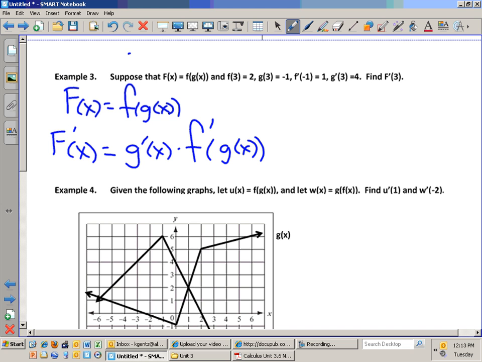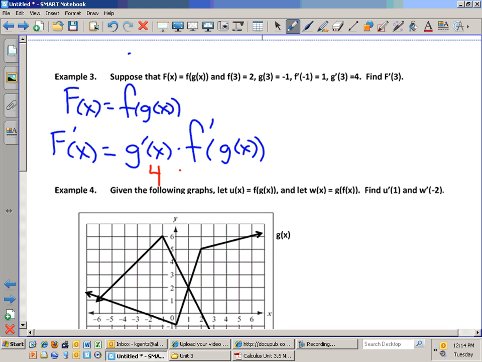We want to find it at 3, so g prime of 3 is 4, times f prime of g of 3. What is g of 3? -1.